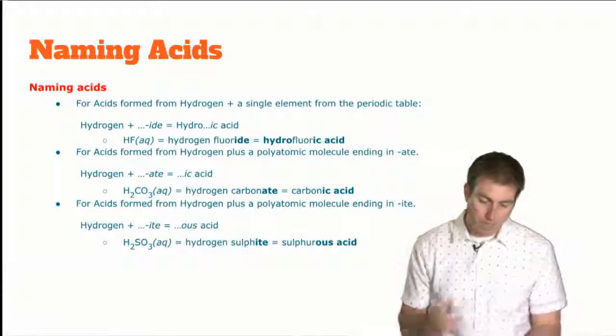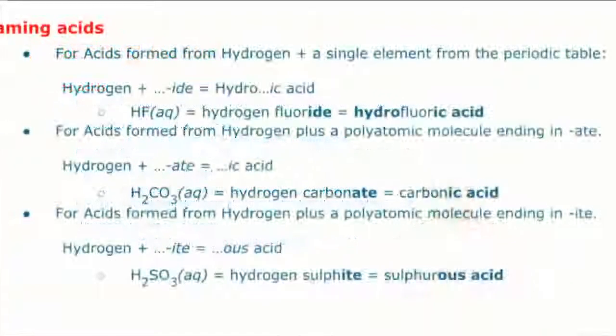So that's one way. The next one is if you have an acid with something that ends in ate. So HCO3 is hydrogen carbonate. We don't call it hydrogen carbonate because it's an acid. We want to give it its acid name. So instead of the ate, we change the ate to ic.